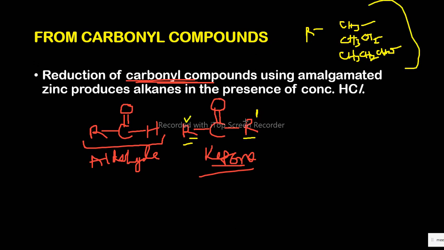This R is different from this R. In other words, this one can be a methyl group and this one can be an ethyl group, and that is still a ketone. But there is no chemistry in it, this is just convention. So this one is a ketone, and this one is an aldehyde.